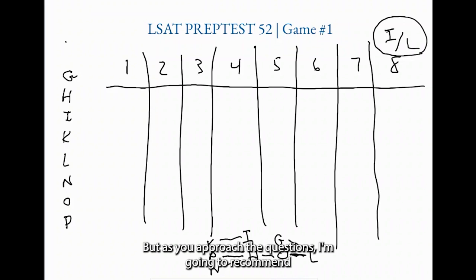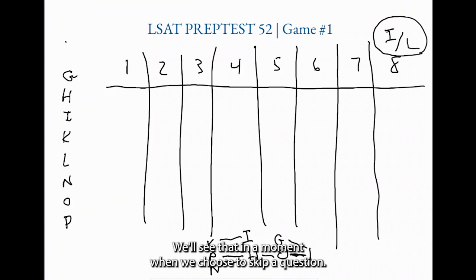But as you approach the questions, I'm going to recommend a particular order in which you'll take the questions. We'll see that in a moment when we choose to skip a question. But don't skip number 1, because number 1 is virtually always, at least 3 out of the 4 times in a logic game section, a straightforward, very predictable kind of question.